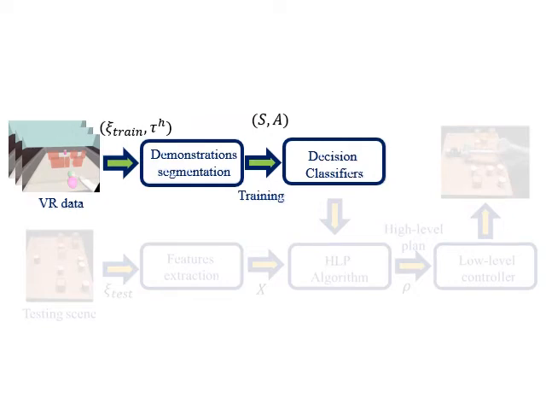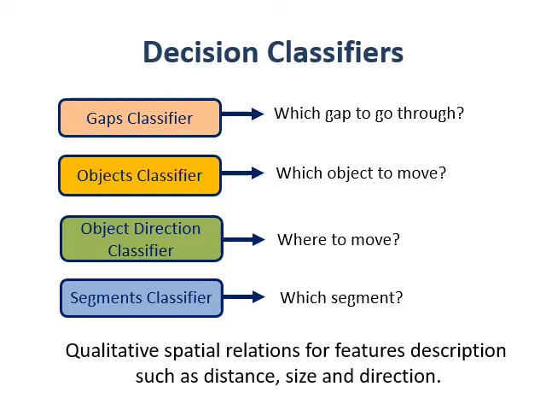After segmentation, we have state action pairs that can be used to train the decision classifiers. Decision classifiers are trained to answer the high-level questions raised at the beginning of this presentation. Which gap to go through, which object to move, what is the direction to move an object, and which segment to select.